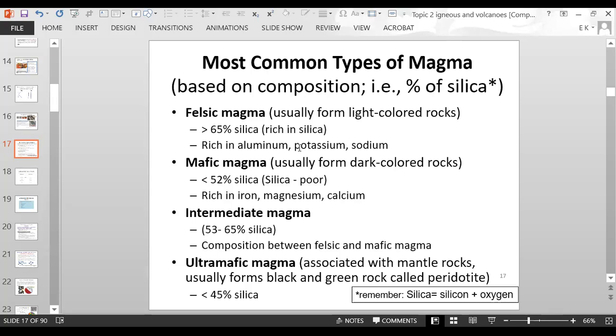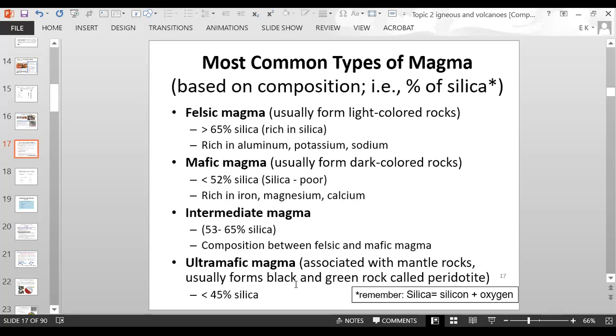Now, I'm not going to ask you on an exam to repeat these percentages back to me. I just want you to know that felsic is silica rich and mafic is silica poor, and then intermediate is between the two, and that ultramafic is associated with mantle rocks. So the mantle is ultramafic.